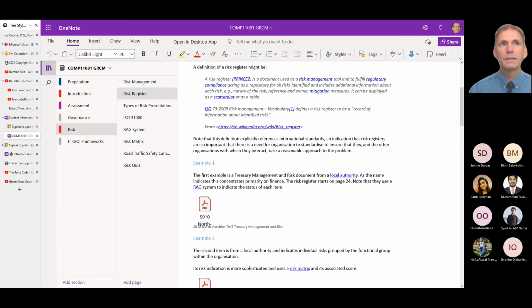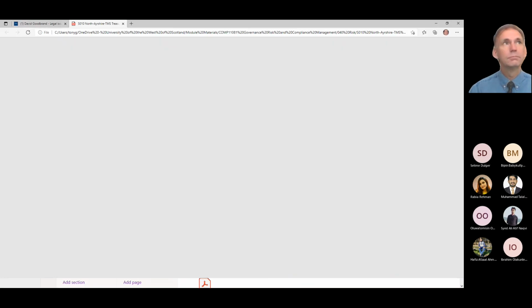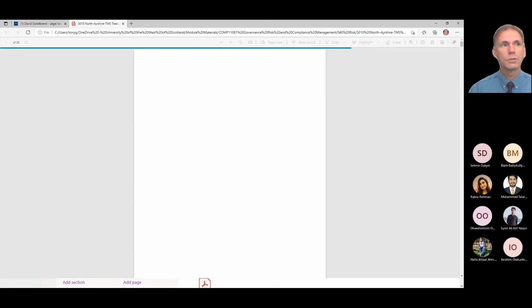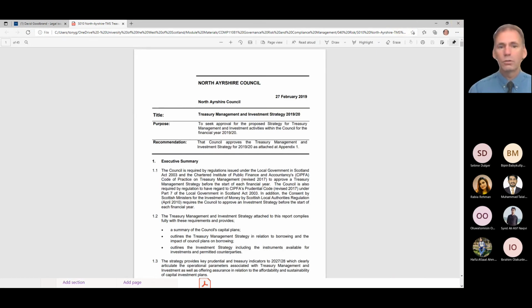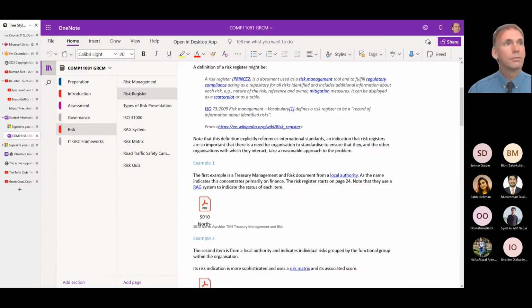The first one is about a treasury management and risk document. Now the clue's in the name, it's about finance. So their document talks very much about financial risks.